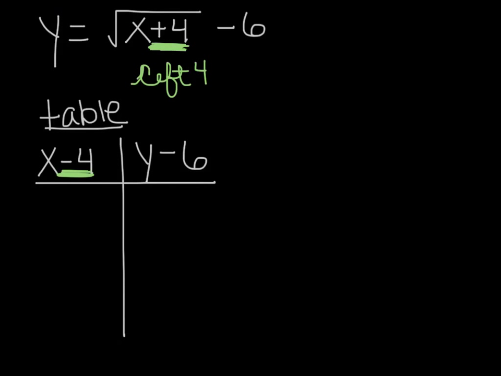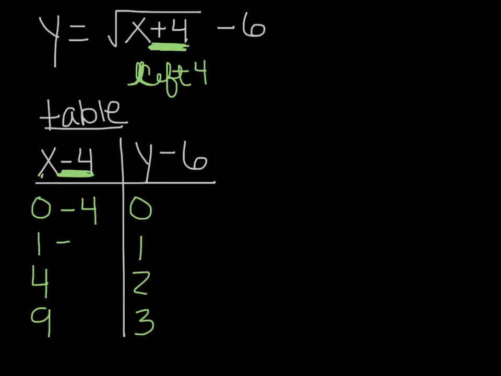And if we're going left 4, we actually have to take the x's that we start with and then subtract 4 from them. So our home base points of (0, 0), (1, 1), (4, 2), and (9, 3), we're going to take away 4 from each x and take away 6 from each y.